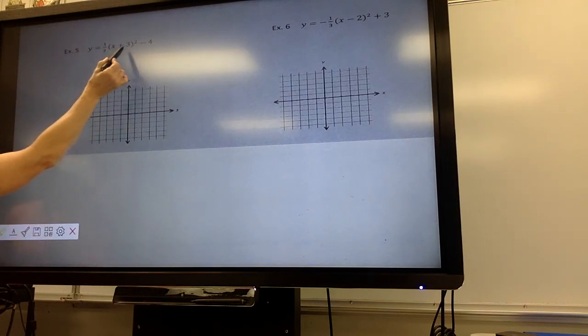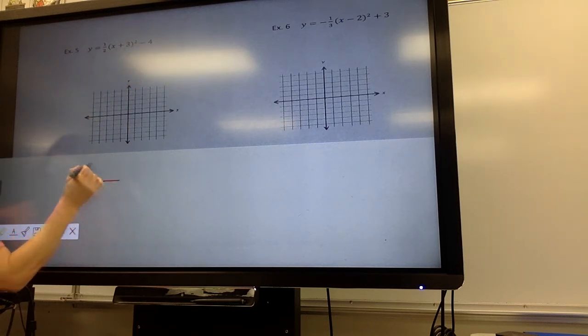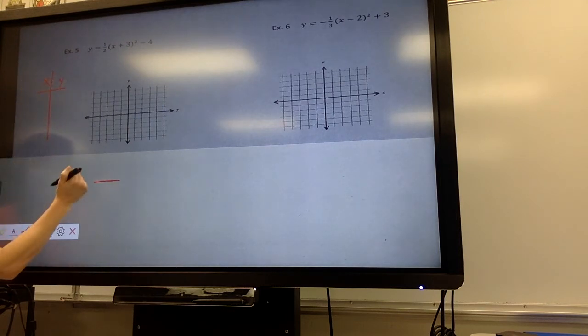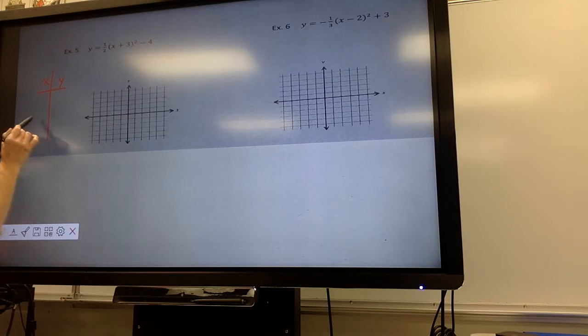Here's my x minus h squared plus k. When I make a table of values for this, when you look at that equation, where is the vertex going to be? -3, -4. So in my table of values, I want to put -3 and -4.